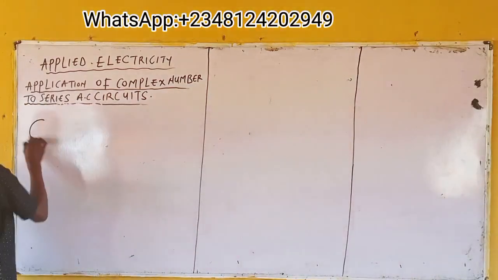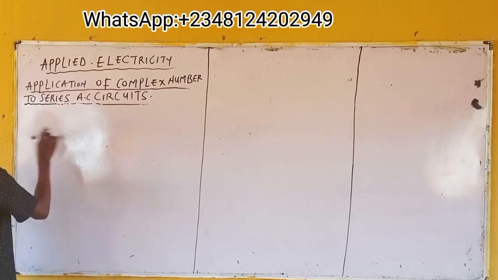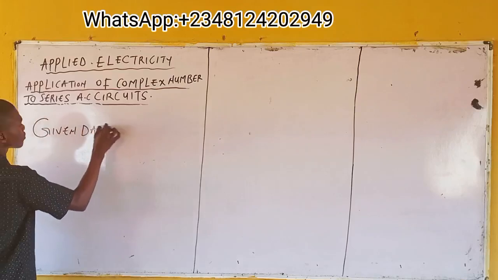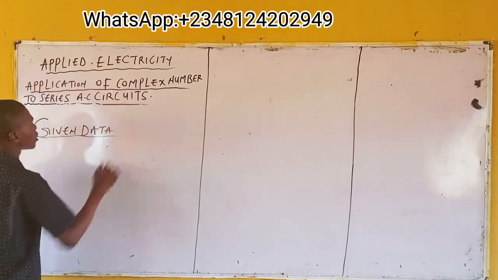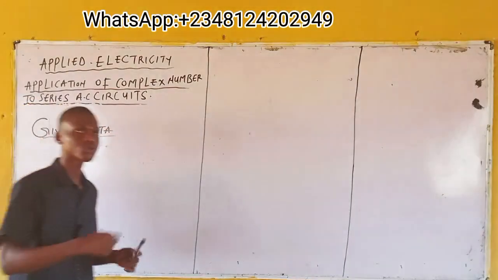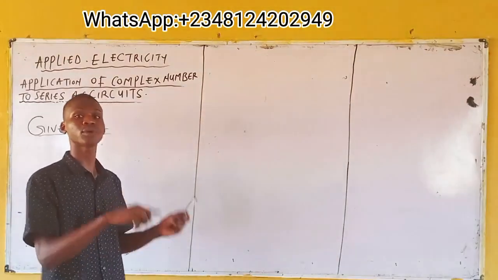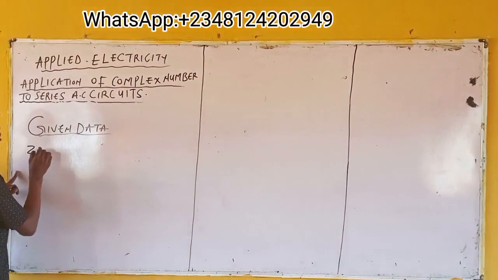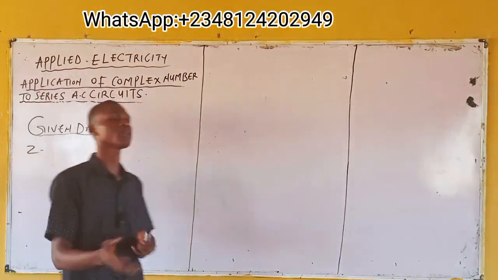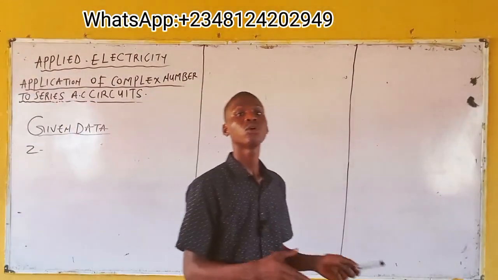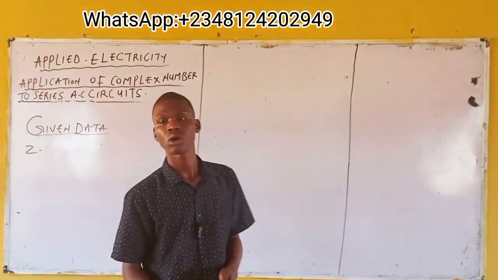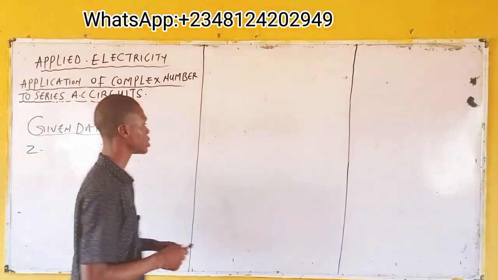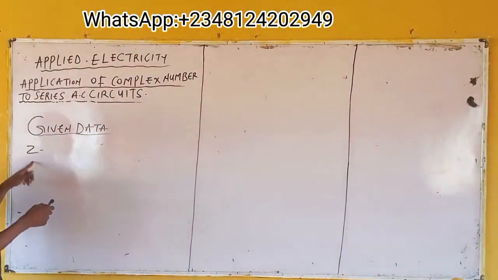Given data. What are we given from that question? Let's read the question together. Determine in polar and rectangular form. So let's write it down, meaning Z. From what we did previously, this is our representation in polar form.